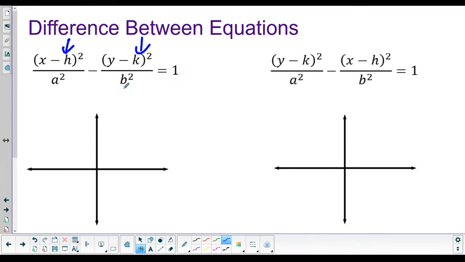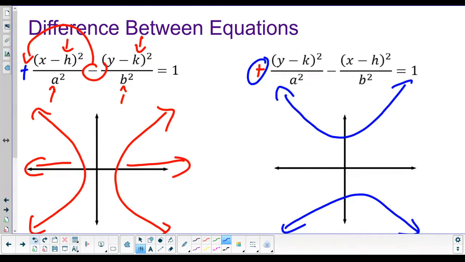Now a and b have a similar property to what they did in ellipses. They tell us how big our hyperbola is going to be in the x and the y direction. But if you allow me to go back to those graphs we were just looking at, how big doesn't really make a whole lot of sense for these, because we have arrows, which imply that this graph keeps going forever in both directions.